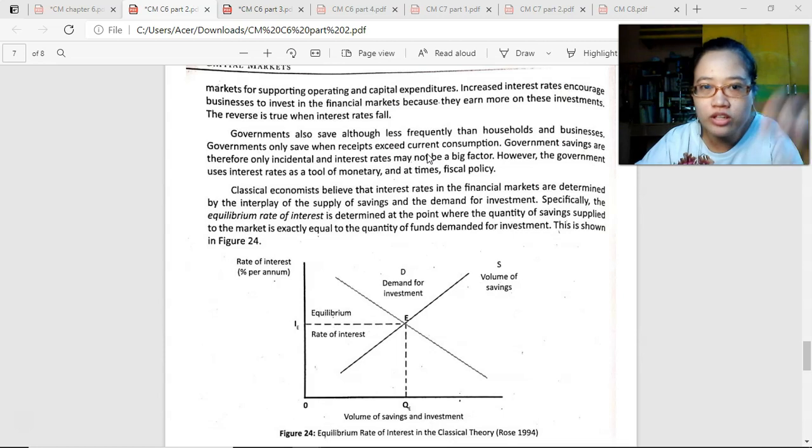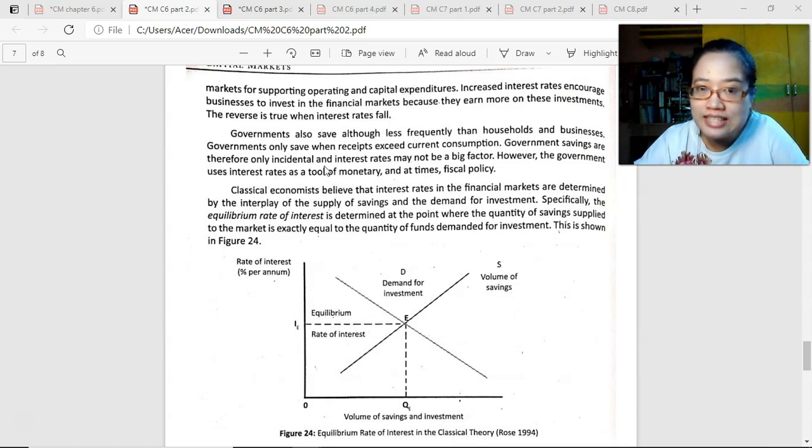So, yung collection ng government of these taxes, nakaspread siya over 1 year. So, minsan may certain periods na mataas yung kanilang spending, may mga periods din na kinokontrol nila yung spending para sumapat din sa kanilang collection. And they can only save kapag yung receipts nila, yung natatanggap nila na pera, is mas malaki compared dun sa kanilang ginagasto. Syempre naman.